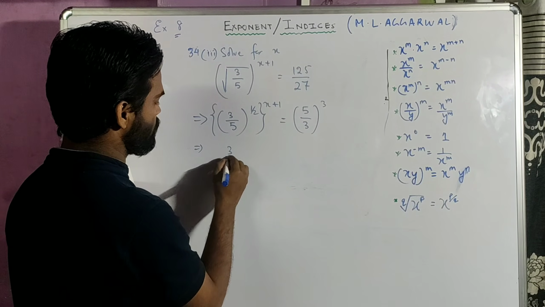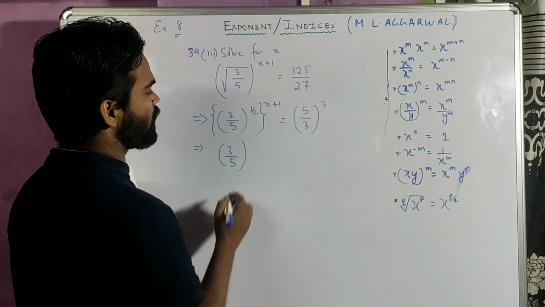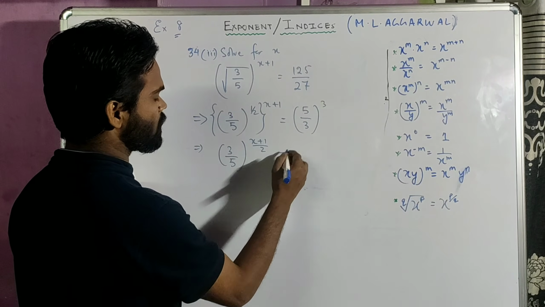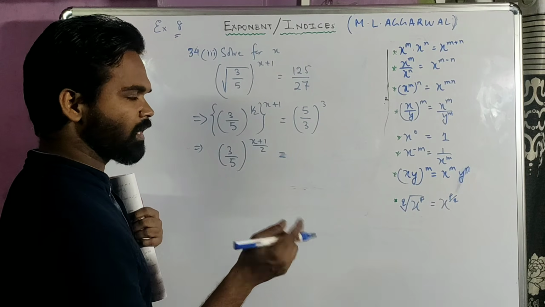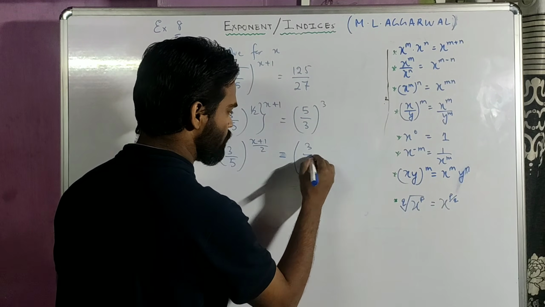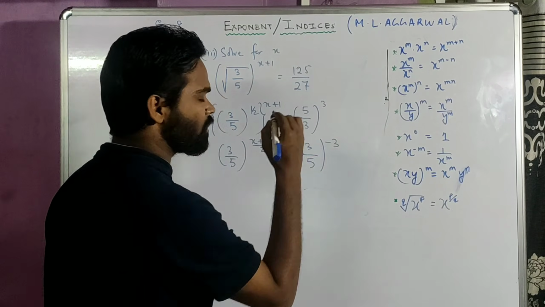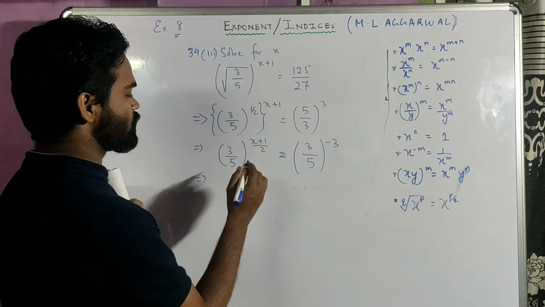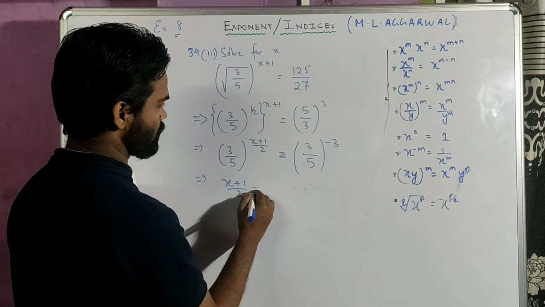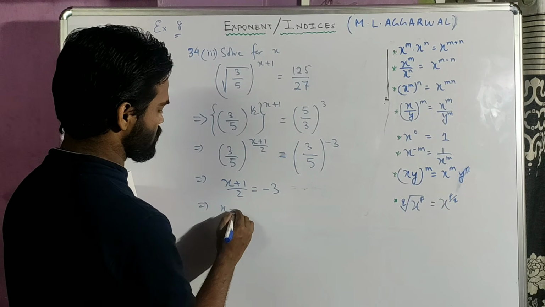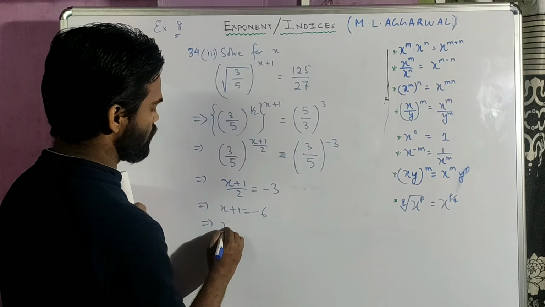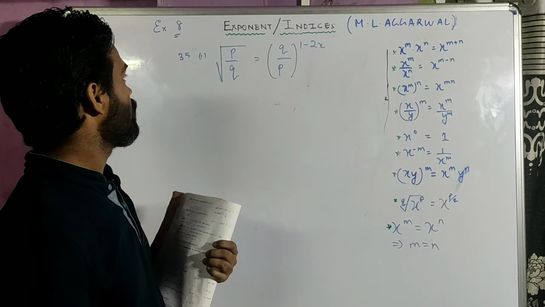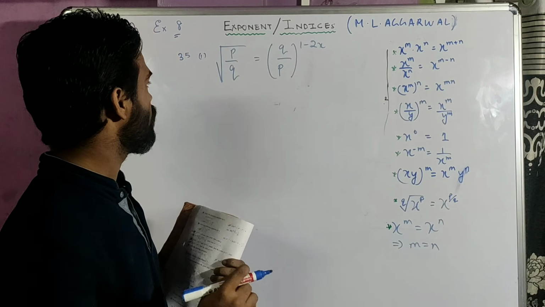Now this is 3 by 5 to the power half multiplied by x plus 1 will be x plus 1 by 2. Actually, this 5 by 3 to the 3 can be written as 3 by 5 to the power minus 3, isn't it? Which means now see, base is the same, just equate the powers, which means x plus 1 equals minus 6 or x equals minus 7. And that's my answer.